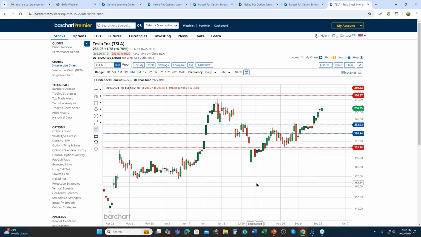Now, one of the old school things about support and resistance is that old resistance can become new support, or old support can become new resistance. So that could be an area where I might be willing to buy.